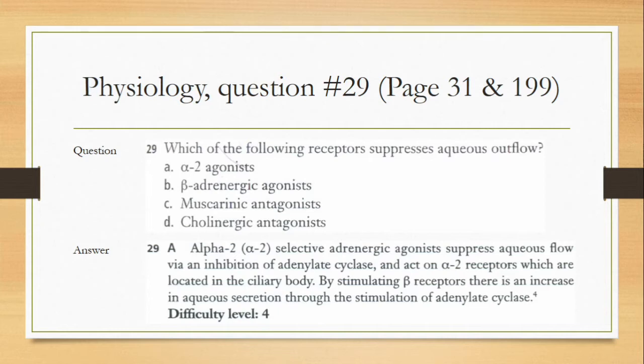And it says that alpha-2 selective adrenergic agonists suppress aqueous flow via an inhibition of the adenylate cyclase and act on alpha-2 receptors, which are located in the ciliary body. So pay attention to the word ciliary body.